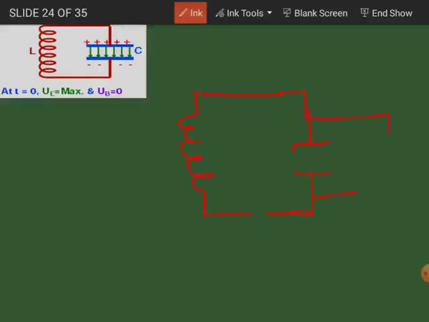Let's take this as the positive terminal of the battery and this as negative. Two keys will be used: the first one, let's take it as K1, and this as K2. This is the capacitor C, and this is the inductor L.